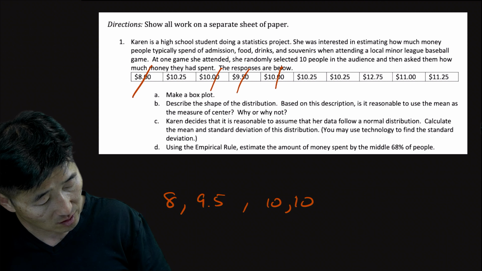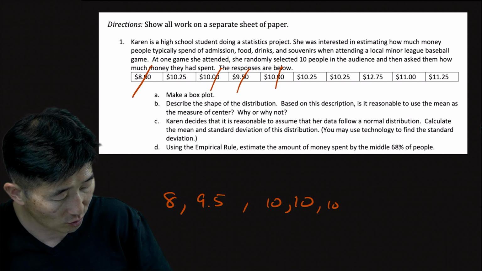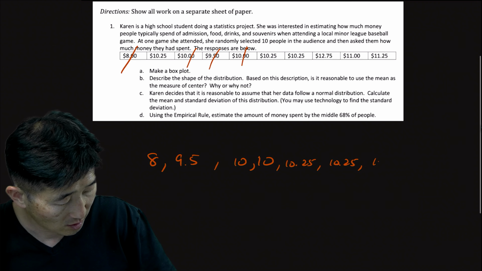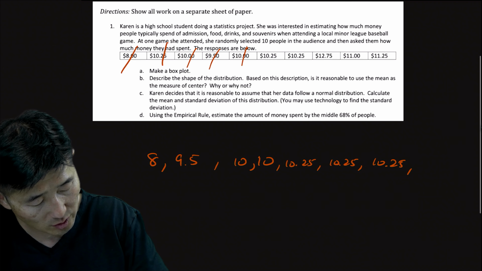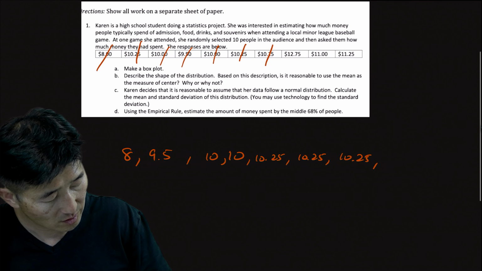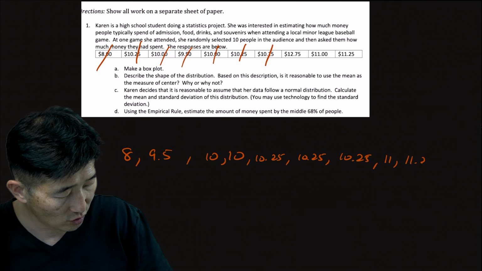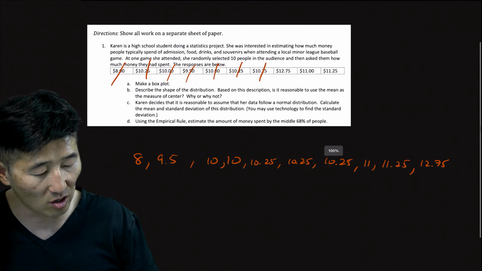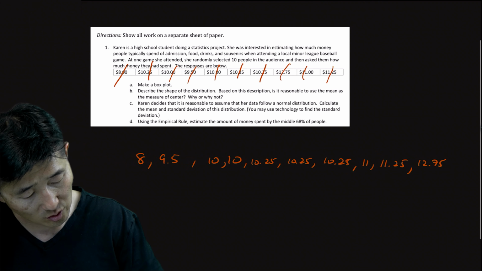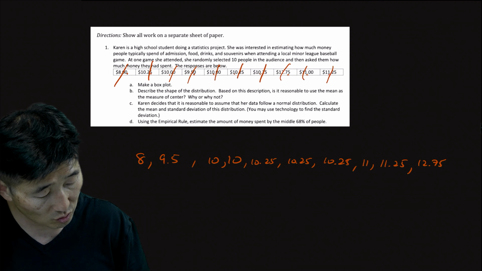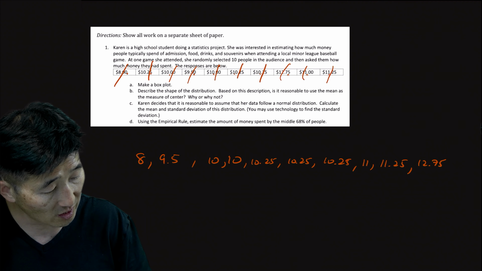And then 3 10.25s. So 10.25, 10.25, 10.25. So 1, 2, 3. And then 11 and 11.25, and then 12.75. Now just make sure you got all of them. So there are 1, 2, 3, 4, 5, 6, 7, 8, 9, 10.